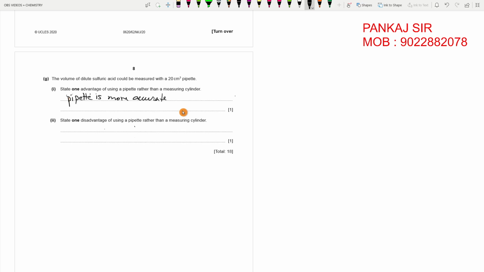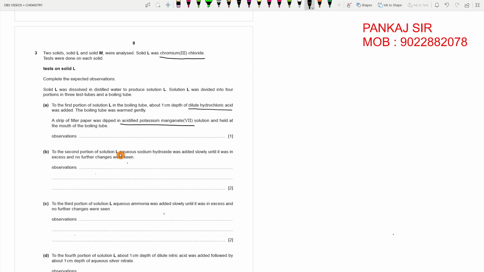Then a strip of filter paper was dipped in acidified potassium manganate, and it was held near the mouth of the boiling tube. Now what should be the observation?